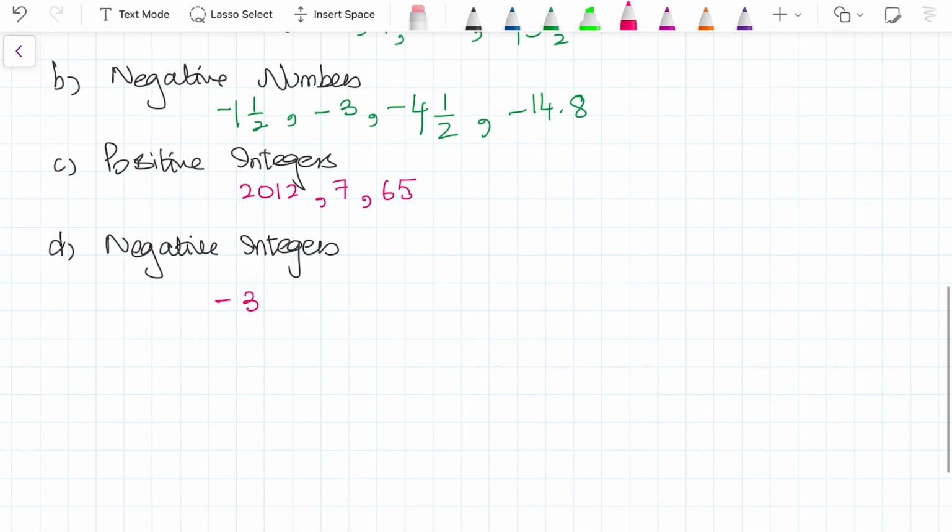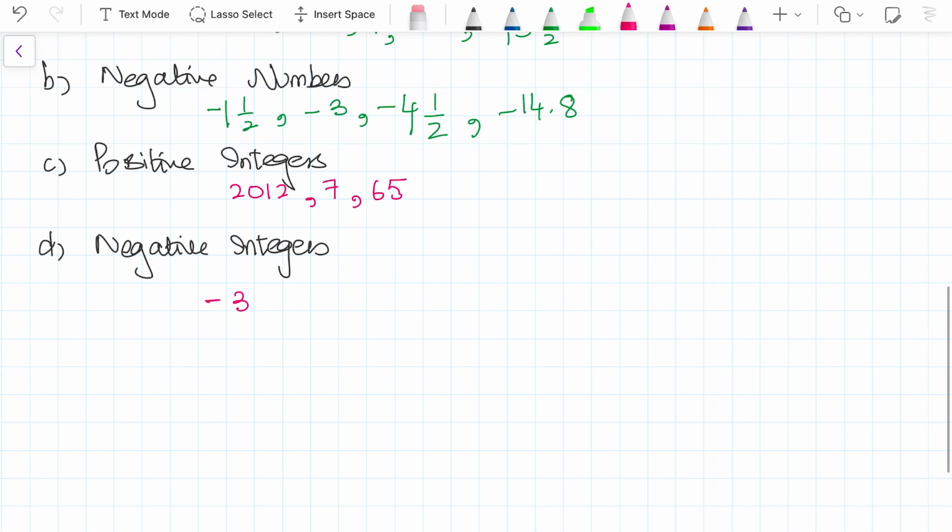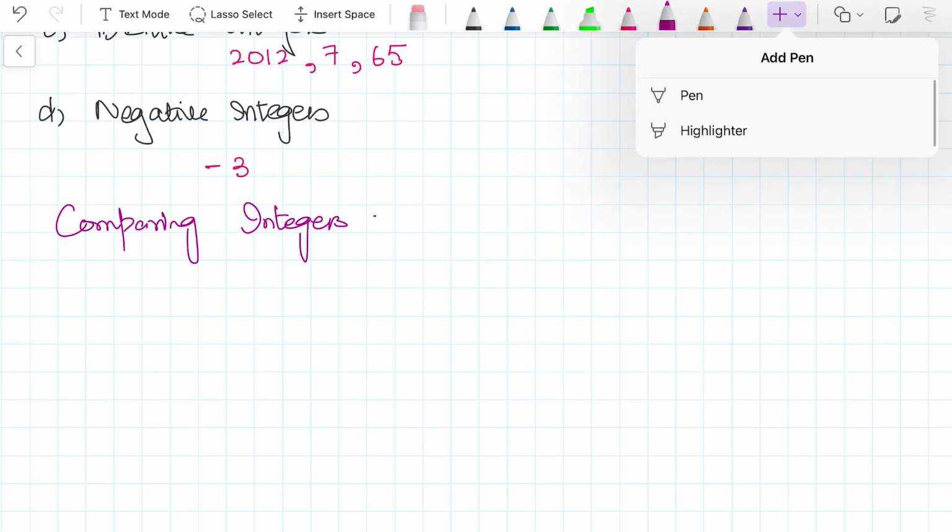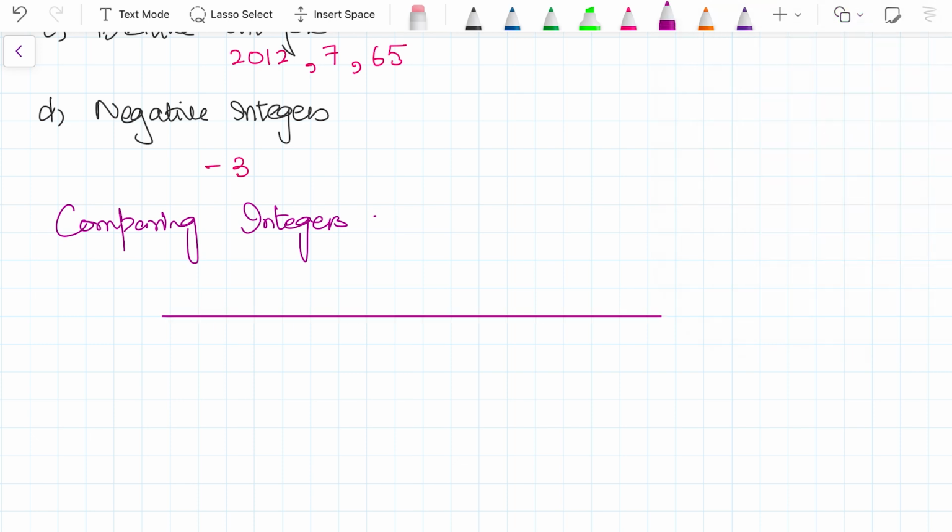Now, how do we compare? Let's understand comparing integers. For that, we need to understand a number line concept. 0 is always in the middle.